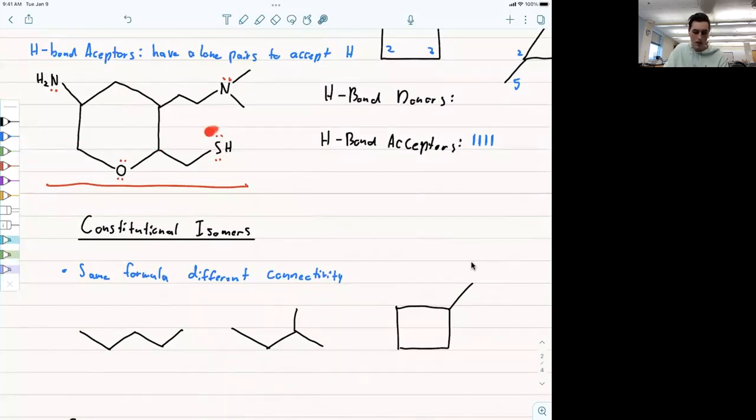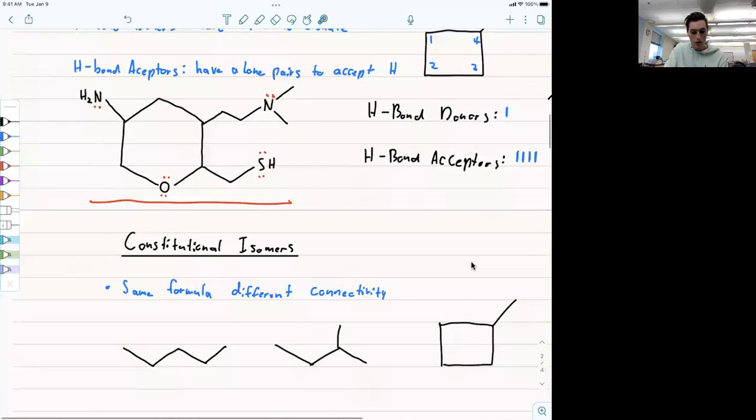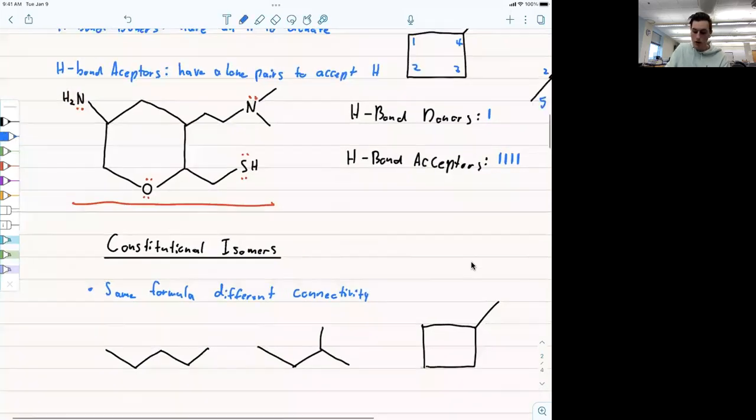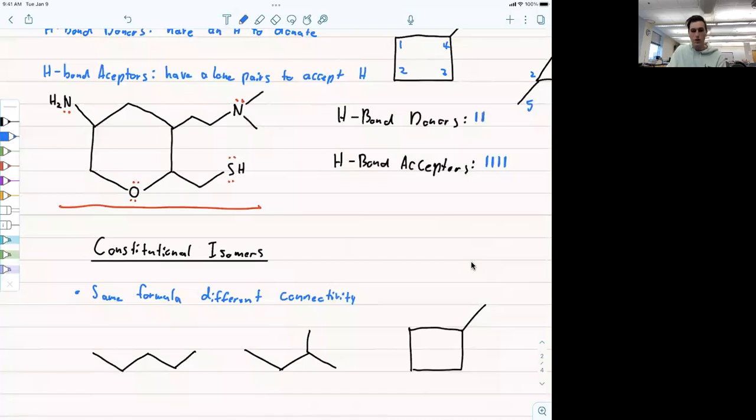Then I'm looking at something like sulfur in this spot. Here I do have a hydrogen that I can donate, so I'm going to have 1 donor. Coming up to the nitrogen, I don't have any hydrogens there, so I won't have a donor there. And then over here, I do have a hydrogen, so I will have a donor there. So in this case, I have 2 donors and 4 acceptors.